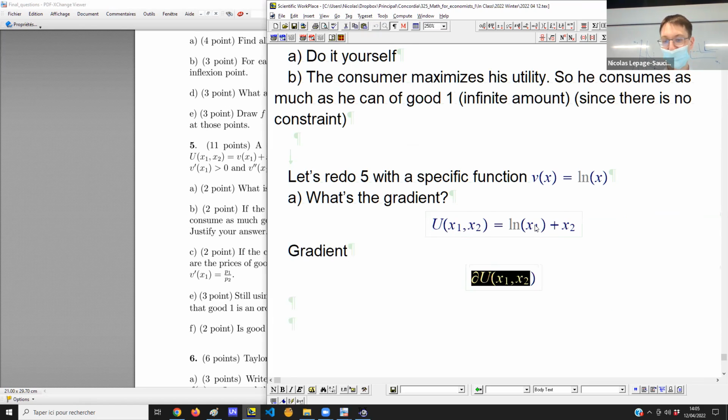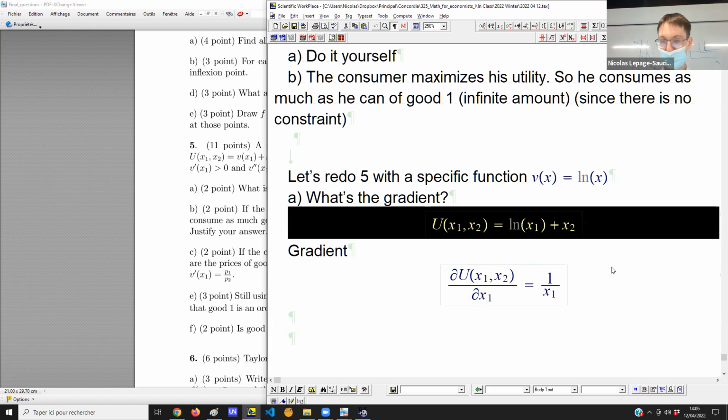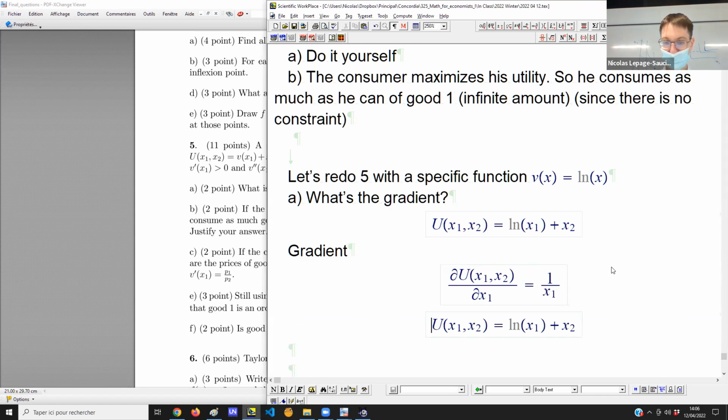I take the partial derivative with respect to x1, which equals 1 over x1 plus 0. And the partial with respect to x2 equals 1.